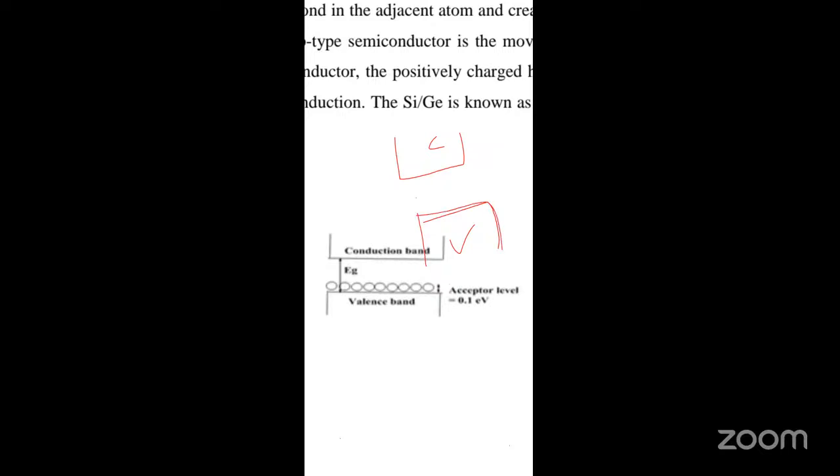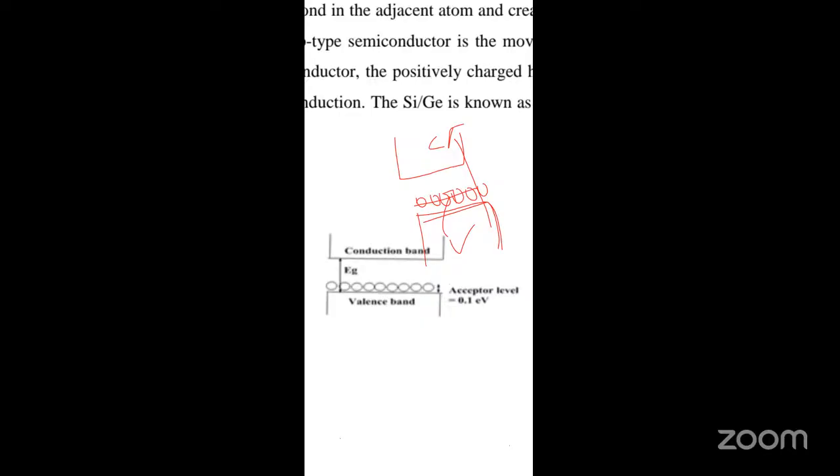The holes create one energy level just above the valence band. Hence, promoting electrons from the valence band to this level is very easy compared with valence band to conduction band, where there is a large gap. Therefore, it is difficult to get an electron from valence band to conduction band.